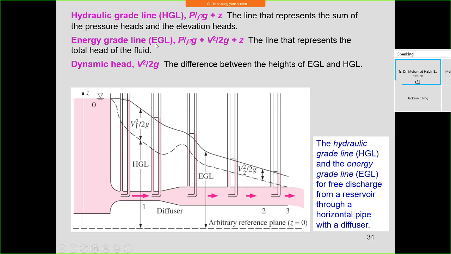HGL is the line that represents the sum of the pressure head and the elevation head. So for the hydraulic grade line, it is the sum of P over ρg plus Z only. For the energy line, it includes V squared over 2g, the effect of kinetic energy. This is the difference between HGL and EGL. To get the velocity at each point, look at the difference between the HGL and EGL.